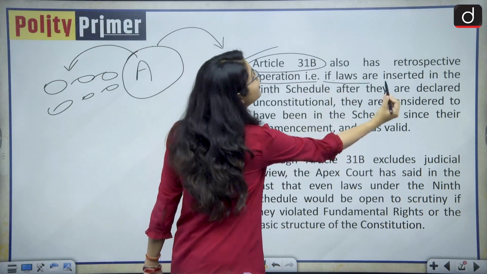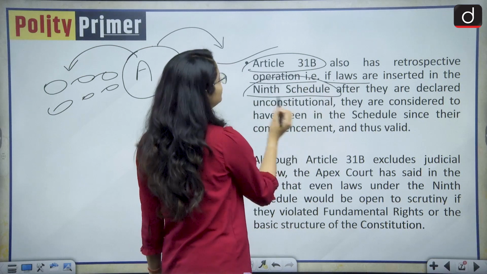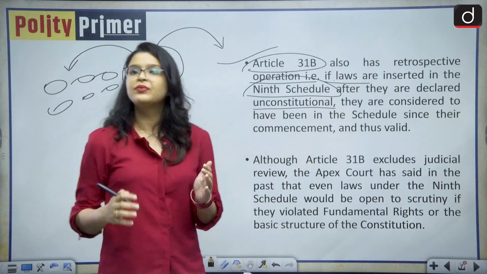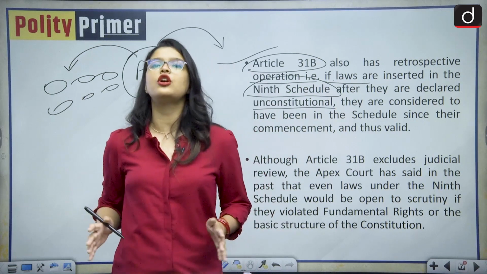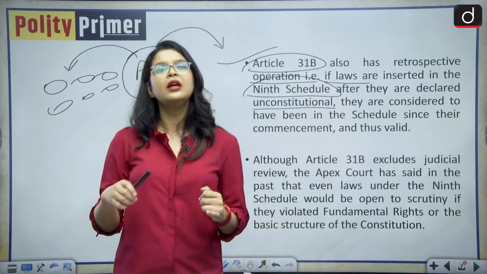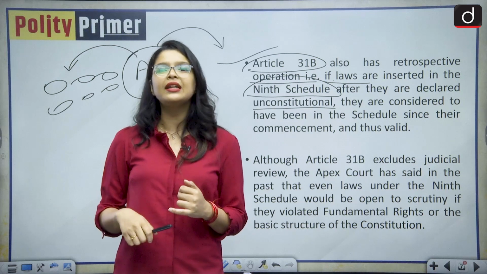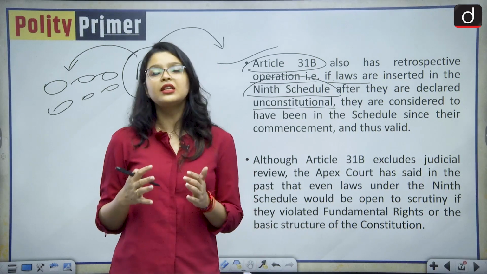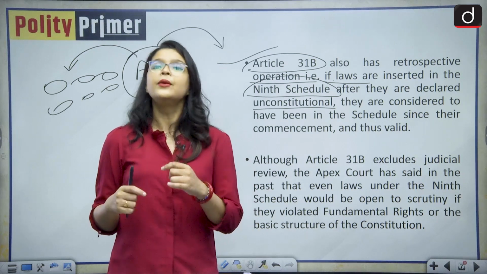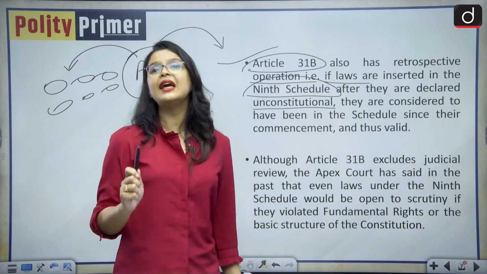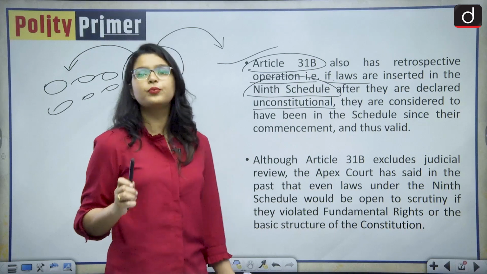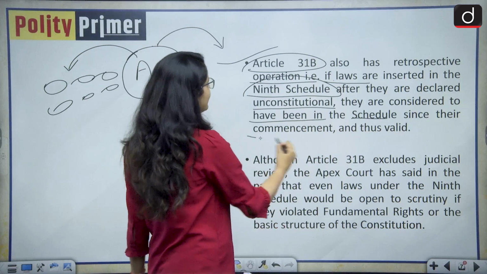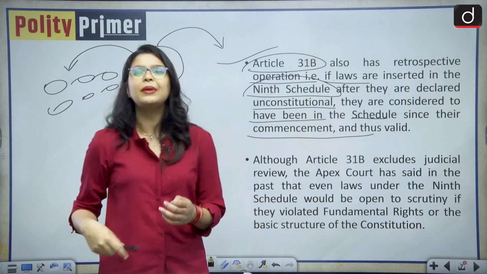That is, if laws are inserted in the 9th schedule after they are declared unconstitutional, that means the Supreme Court has examined those laws and declared them unconstitutional because they are violating either the fundamental rights or the basic structure doctrine. But article 31B stated that even if they are declared unconstitutional by our Indian Supreme Court, they are considered to have been in the schedule since their commencement, and thus they become valid.